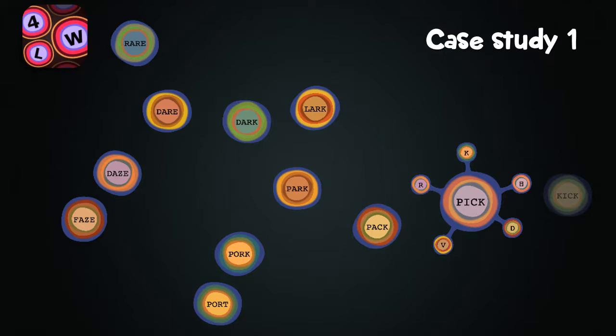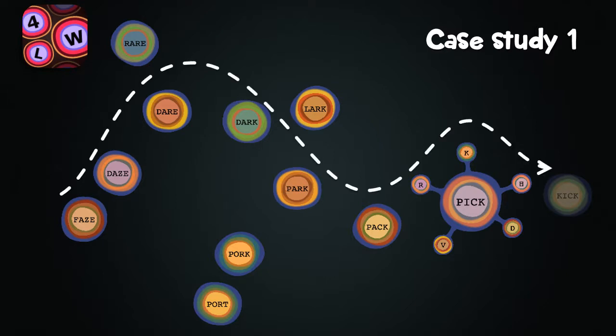And what you do in this game is you start with a 4-letter start word. In this case, it's phase. And you change that word 1 letter at a time until you get to the target word, kick. So in this case, the player, with a few mistakes in there, has made the words phase, days, dare, dark, park, pack, pick, and if they select K at pick, then they will complete the level and have solved the puzzle.